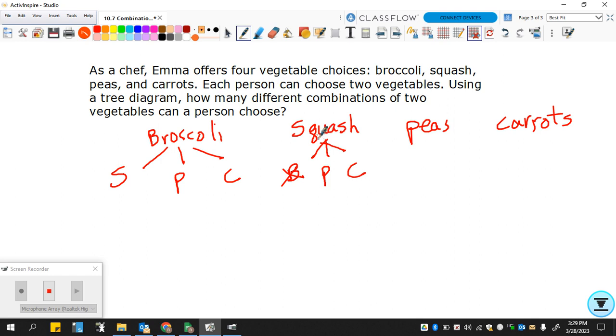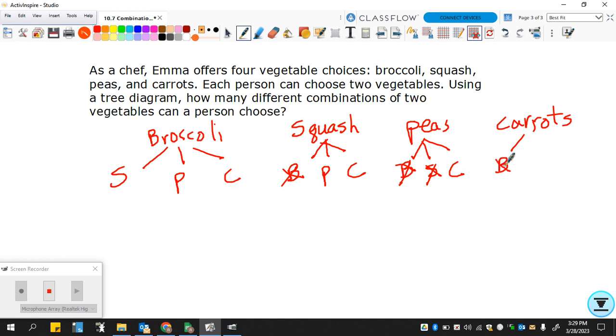Okay, you can do peas and broccoli, which we've already have as broccoli and peas, so we'd get rid of that. Peas and squash, we've already got that. And we have peas and carrots. We don't have peas and carrots yet. Okay, and then if we look at carrots, we have carrots and broccoli, which we already have right here, broccoli and carrots.